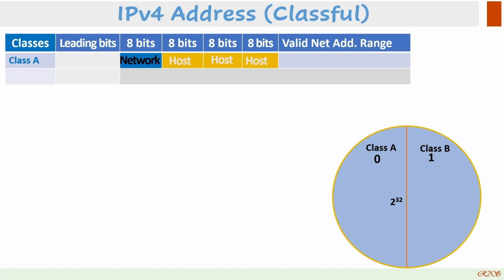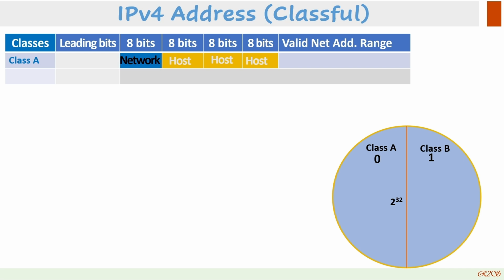And then they asked how a computer can identify that an IP address is from Class A or from Class B. So they said Class A will start with 0 and Class B will start with 1. That means the leftmost bit of Class A is always 0 and the leftmost bit of Class B is always 1.